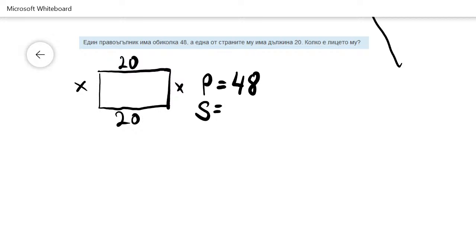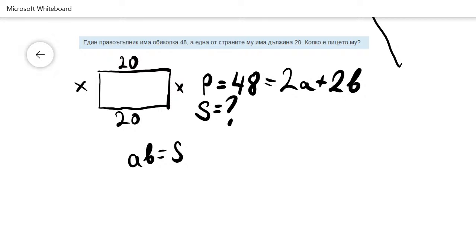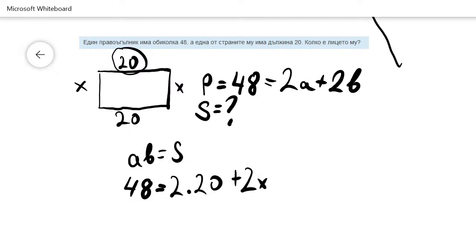Translator or something. So we have the formula AB is equal to S, where A and B are its sides. And the perimeter is equal to 2A plus 2B, and we can use that. So 48 is equal to 2 multiplied by 20, because we have A equal to 20, plus 2x.